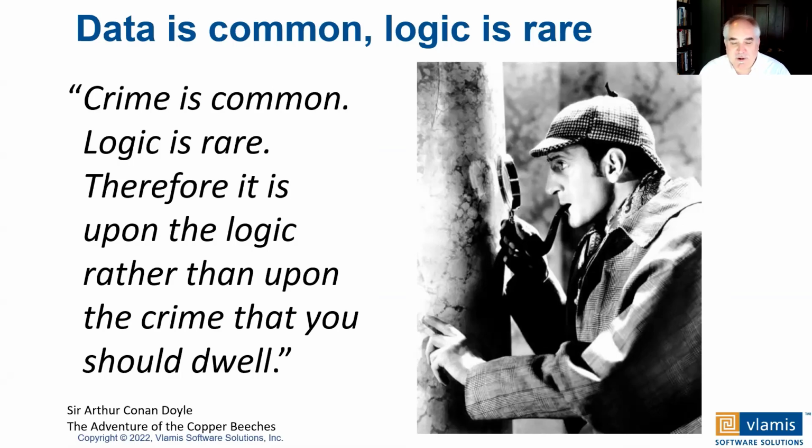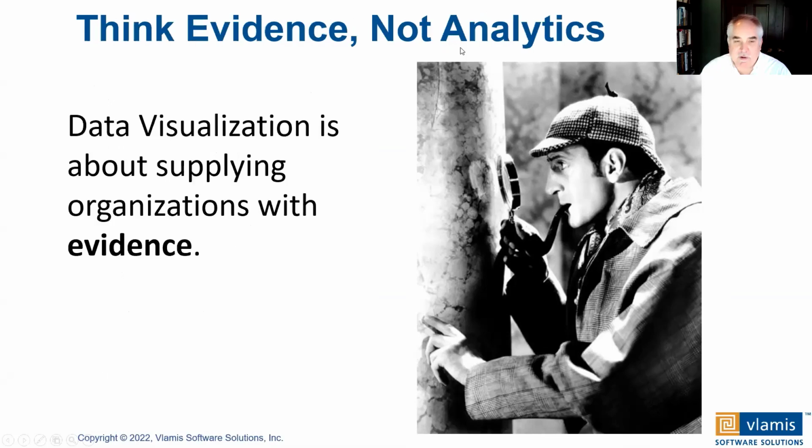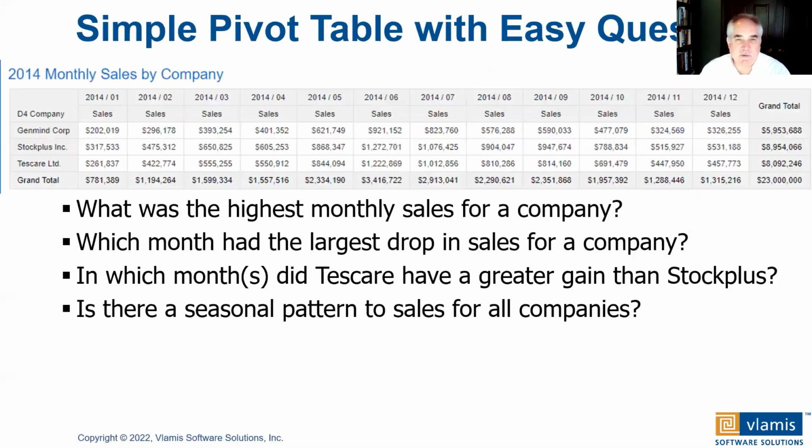What we're encouraging everybody to do is to stop thinking about the numbers and think about the logic and why you're showing what you're showing. Our simple advice is to think of this not as the numbers, but as evidence. Evidence that supports decisions between options, right? Choices. So that's really what we want to do.